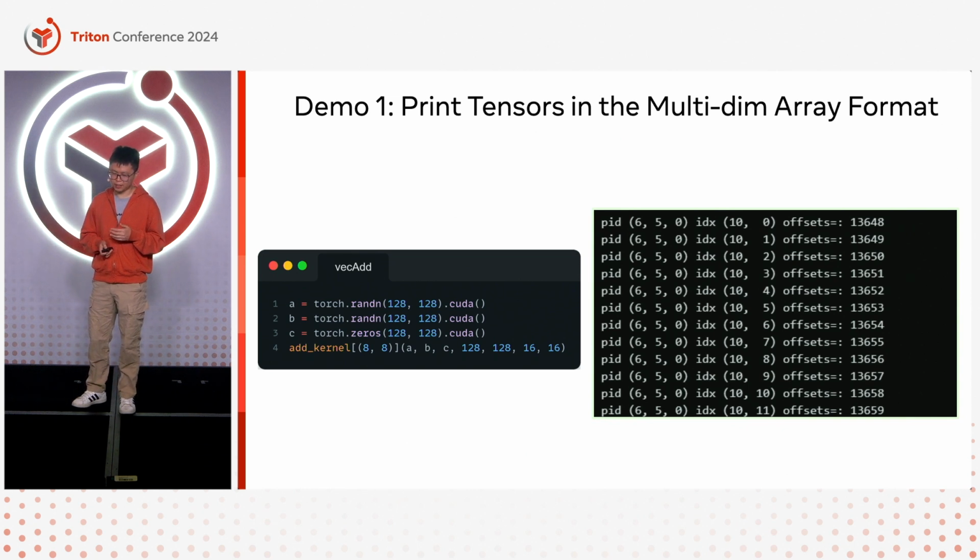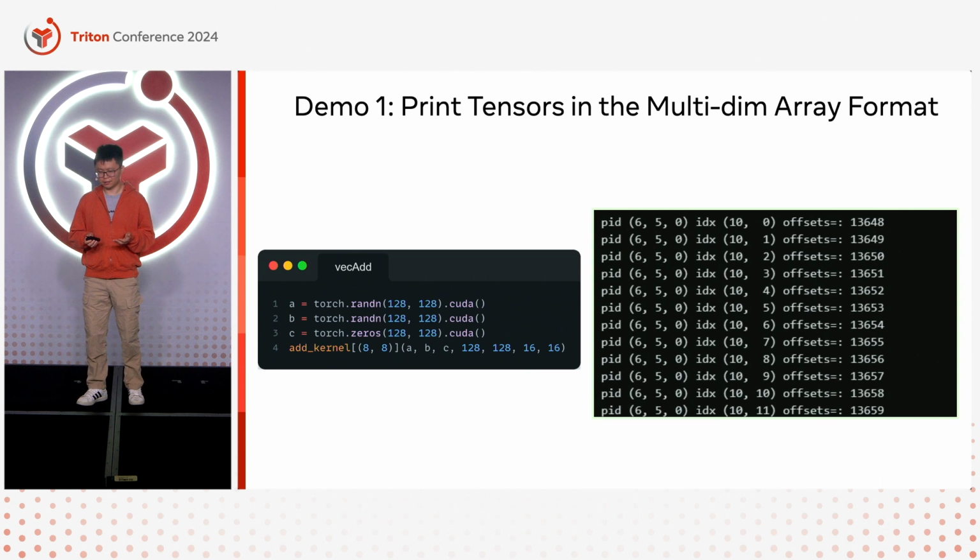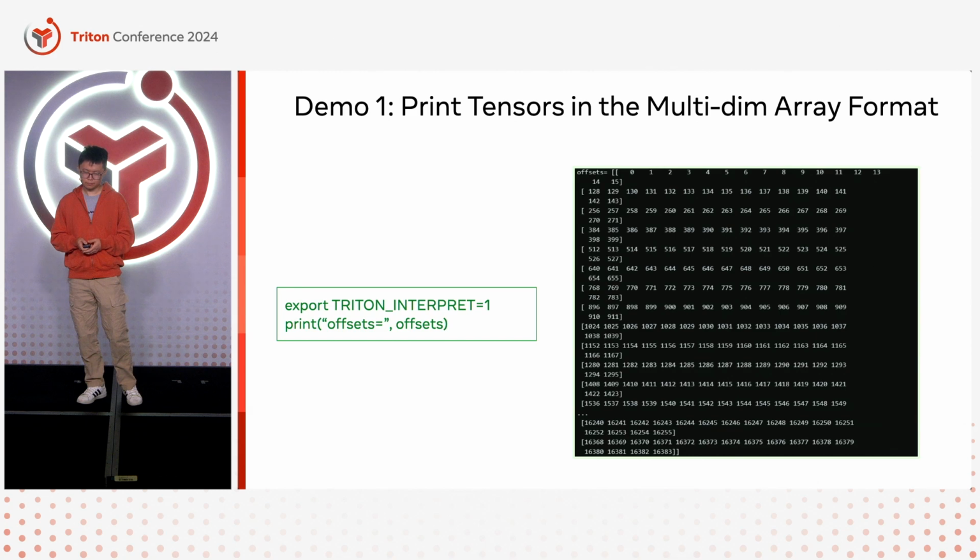This is PID X equals 6 and PID Y equals 5. And IDX specifies which location of the original tensor the value comes from, followed by the offset's value. This is probably not very convenient, at least for me, for debugging out-of-bound memory access problems.